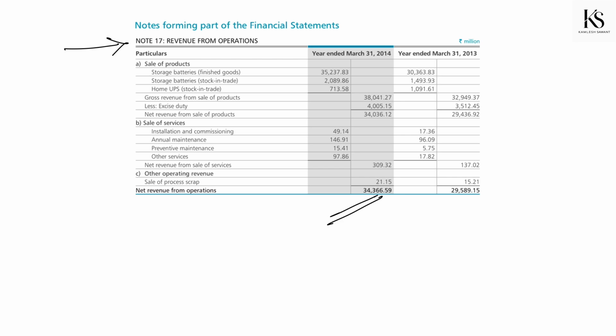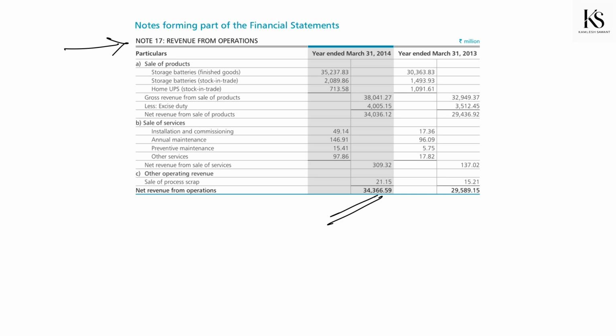Sale of storage batteries in stock in trade is rupees 208 crores in FY14 versus 149 crores in FY13. Stock in trade refers to the finished goods of the previous financial year being sold in this financial year. Sale of home UPS is at Rs 71 crores in FY14 versus 109 crores in FY13.